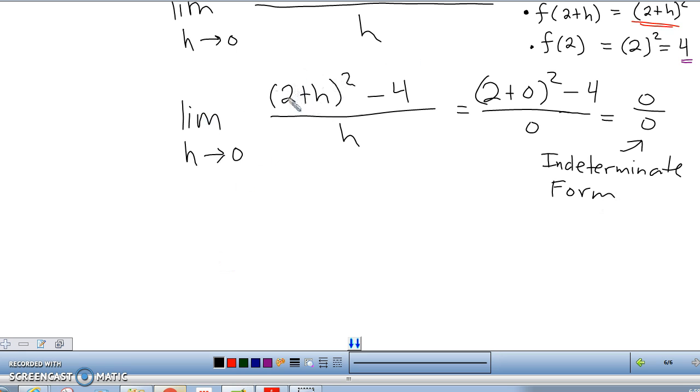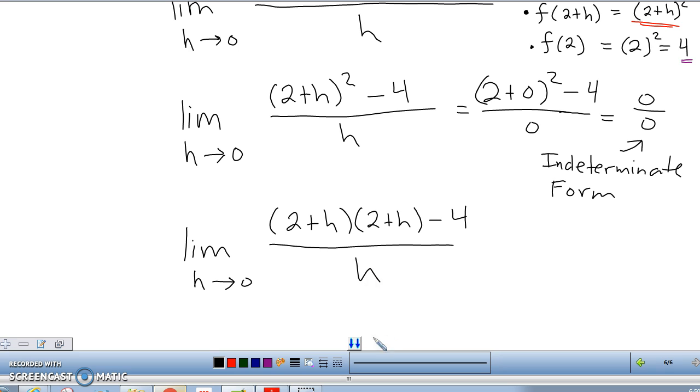Well, let's try expanding this. 2 plus h times 2 plus h minus 4 over h.